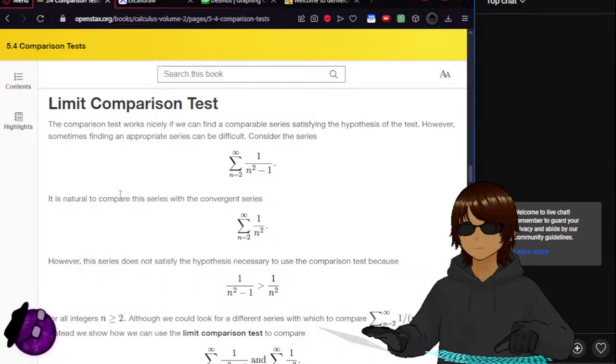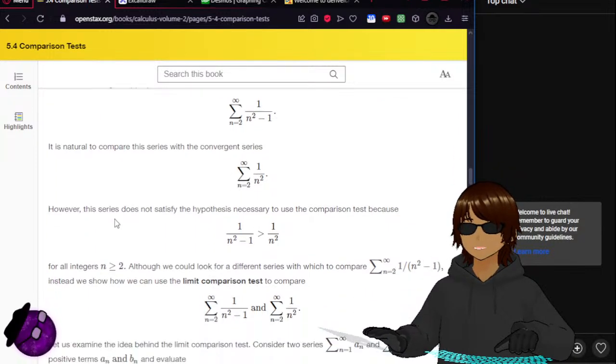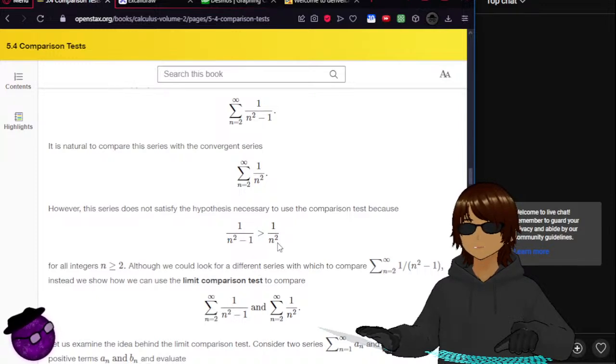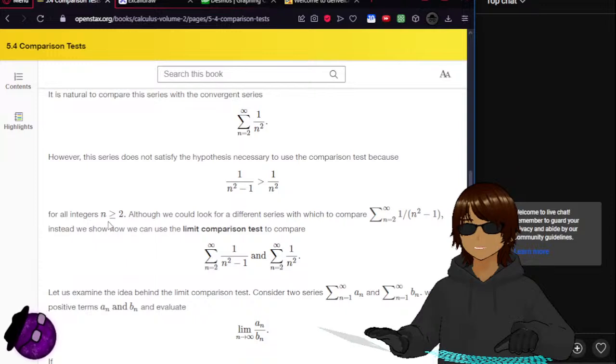It is natural to compare this series with the convergent series 1 over n squared. However, this series does not satisfy the hypothesis necessary to use the comparison test, because 1 over n squared minus 1 is greater than 1 over n squared for all integers n greater than or equal to 2.